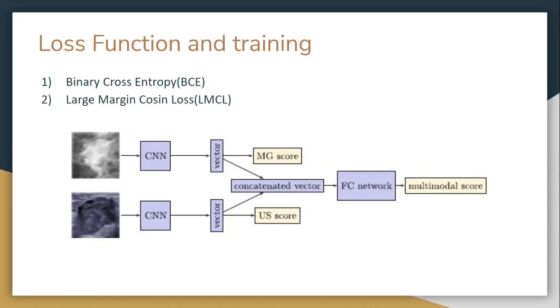So LMCL defines a decision margin in the cosine space and learns discriminative features by maximizing interclass and minimizing intraclass cosine margin.